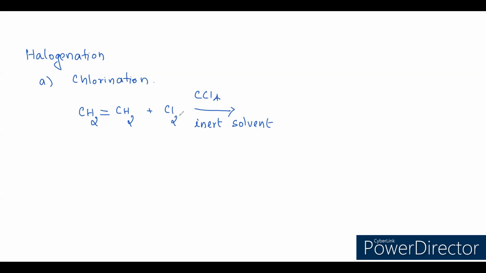Again, as I told, you are adding chlorine, two atoms of chlorine across the double bond. First step is the double bond gets converted to single. You already have two hydrogens on each carbon. You're not disturbing them.